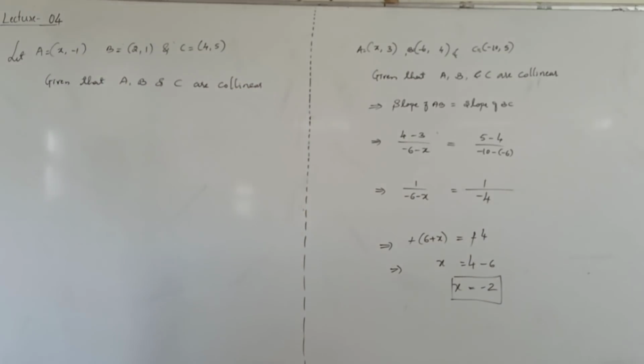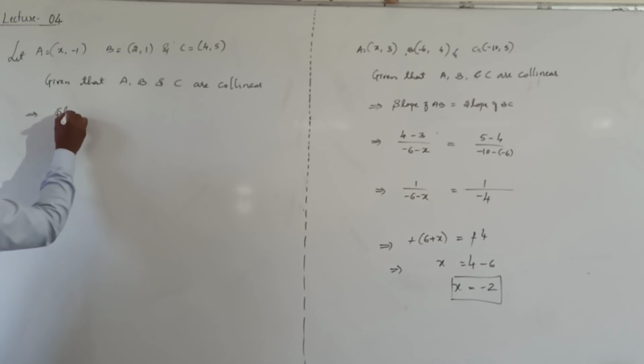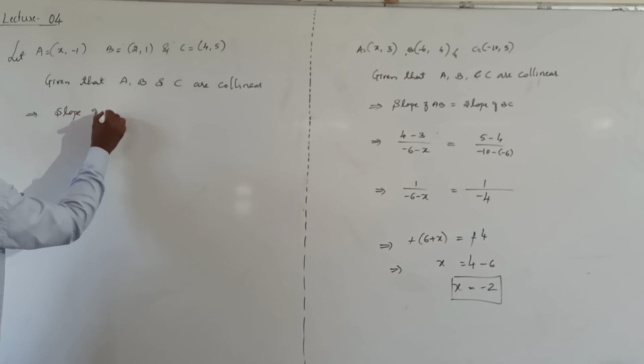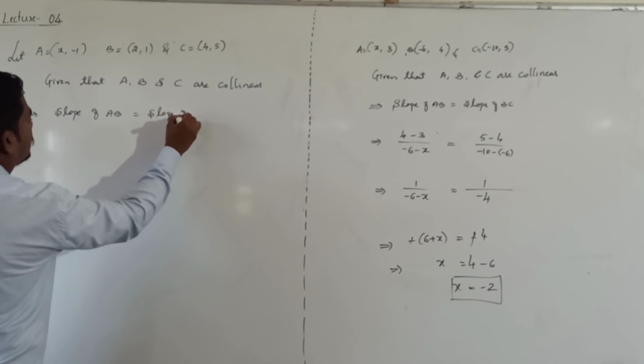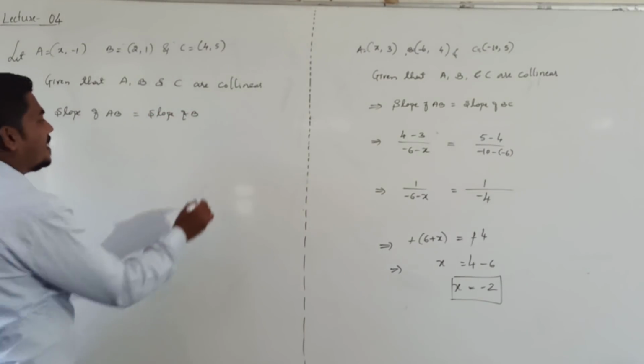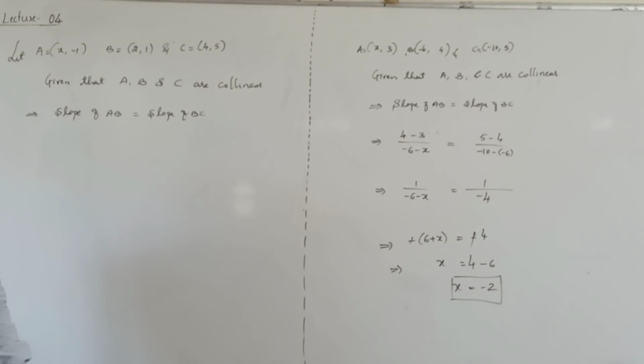If 3 points are collinear, then what do you conclude? Their slopes are equal. Slope of AB is equal to slope of BC.